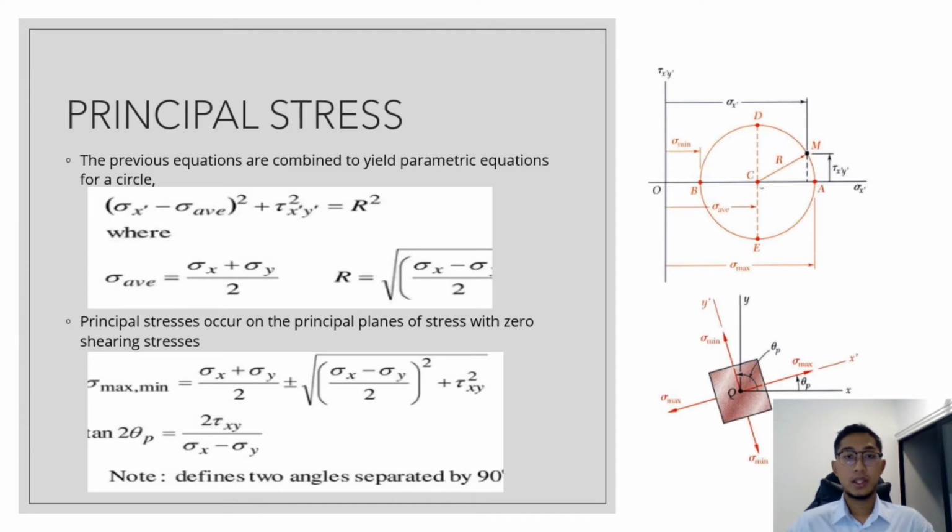For your information, one of the formulas is r, which is equal to the square root of ((sigma x minus sigma y) over 2).